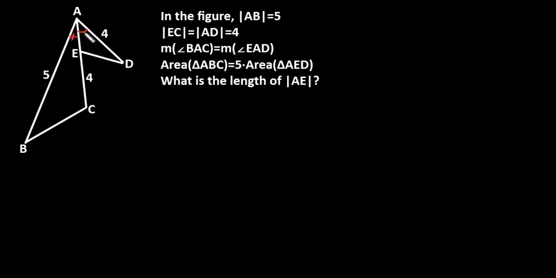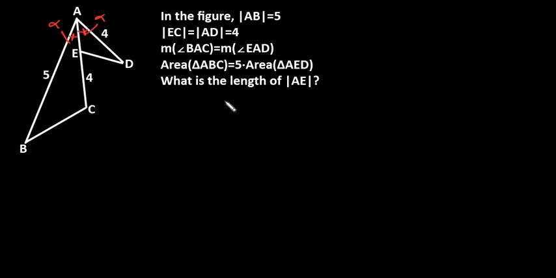Let's put this mark to show that they have the same measure, and say that the measure of these angles is alpha. Another piece of information: the area of ABC is 5 times the area of AED, this triangle right over here.